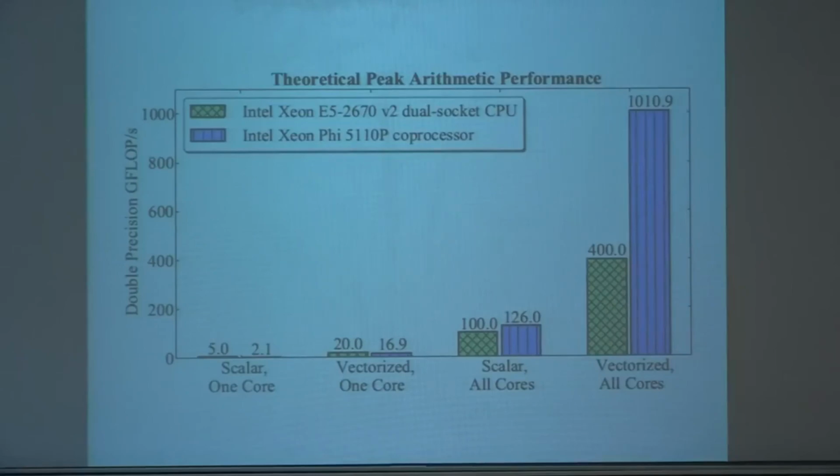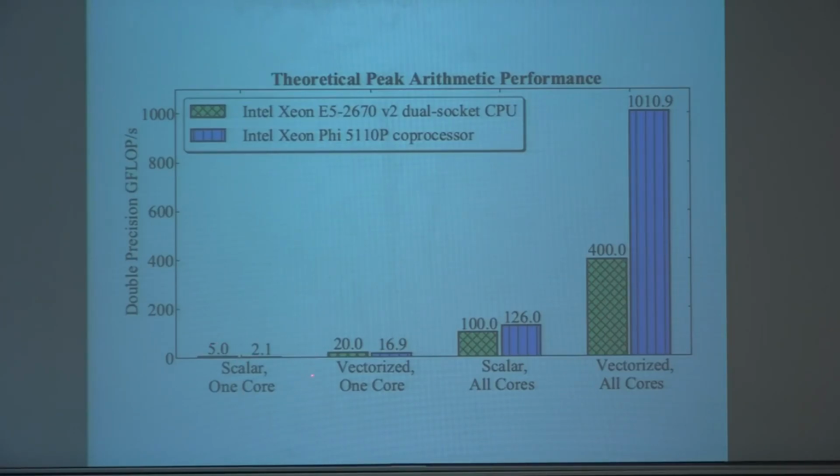This slide shows you how important vectorization is on the Intel Xeon Phi coprocessor. Take a look at this example. We have a scalar code using 1 core, and in this first bar we're comparing an Intel Xeon CPU and an Intel Xeon Phi coprocessor. If you're using a single core and you're not using SIMD instructions, the coprocessor core is slower.